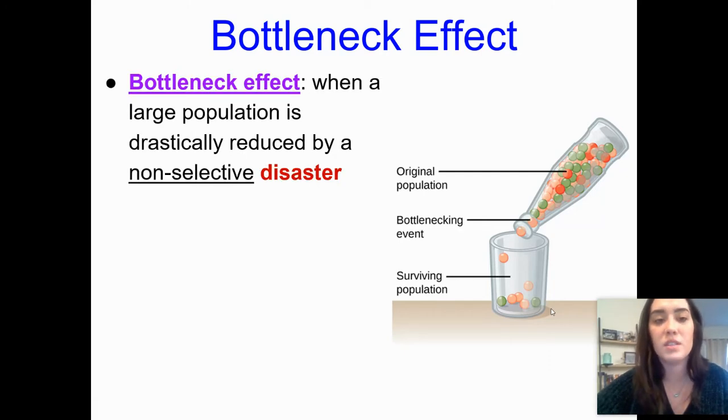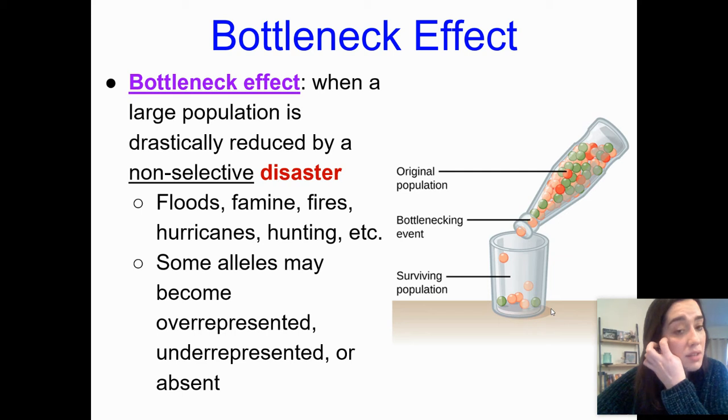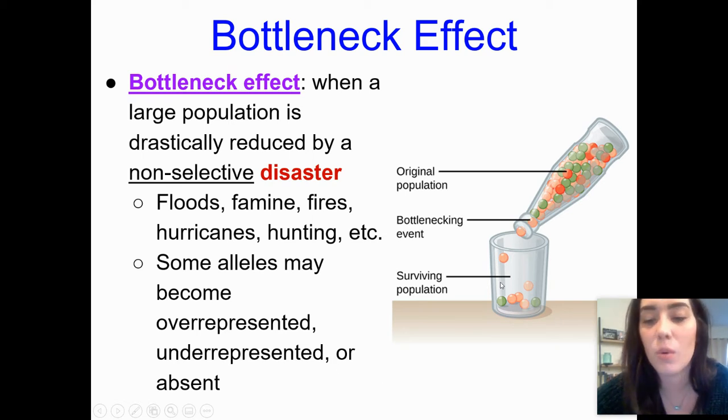So the bottleneck effect is when a large population is drastically reduced by a non-selective disaster, right? So this could be floods, famine, fires, hurricanes, overfishing, hunting, that kind of thing. And some alleles might become overrepresented, underrepresented, or absent.